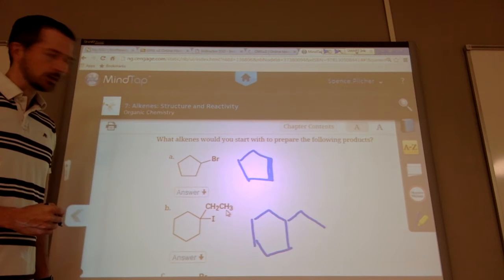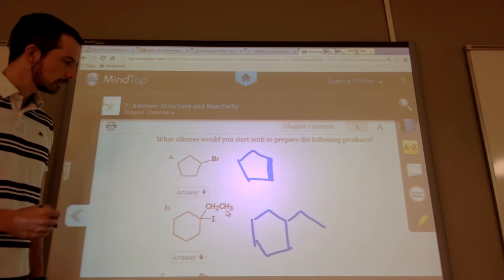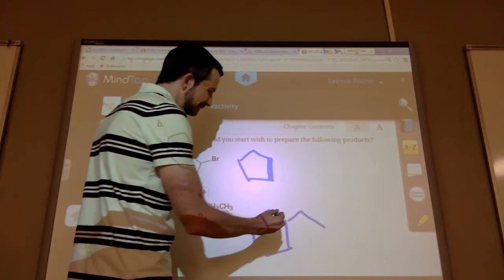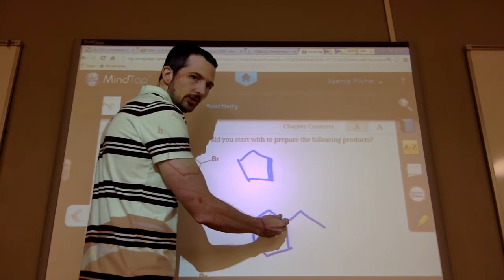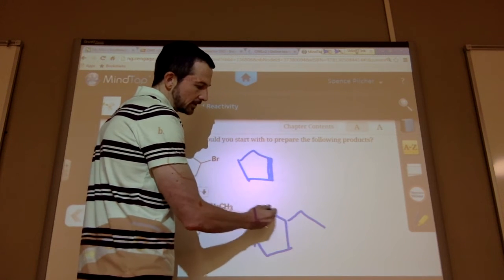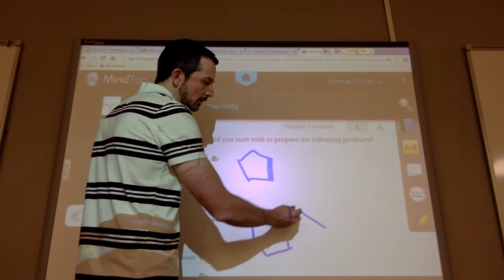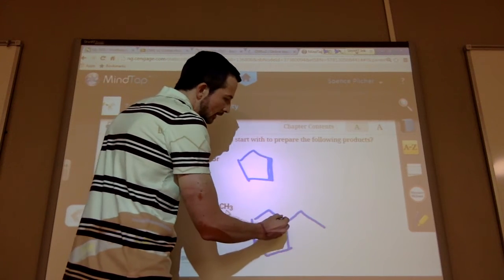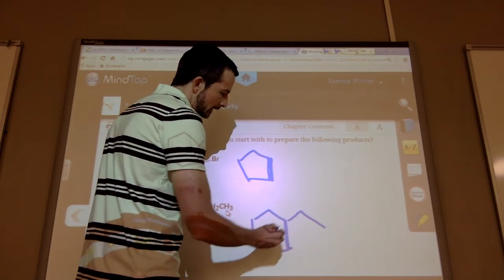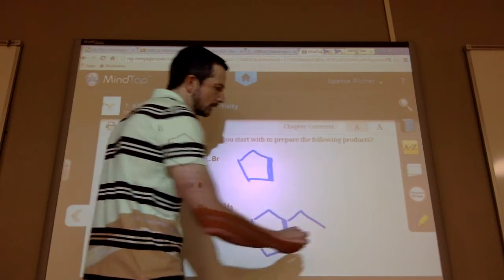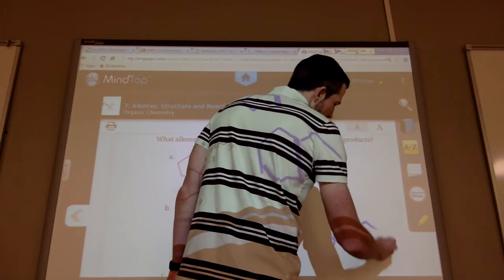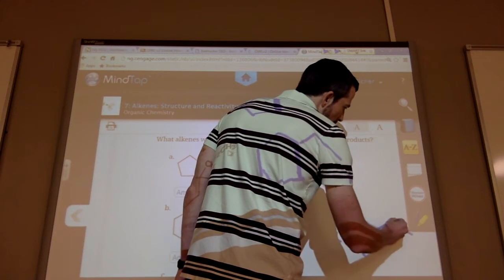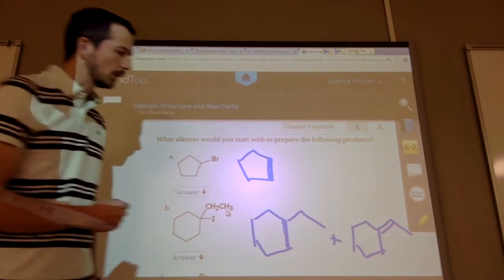I have an iodine going to the more substituted position. So I have 2 nonequivalent positions. If I put the double bond at the adjacent position here, it's the exact same thing, but it's different than going out there. So I can put my double bond there. See it? Or I could put my double bond out there.